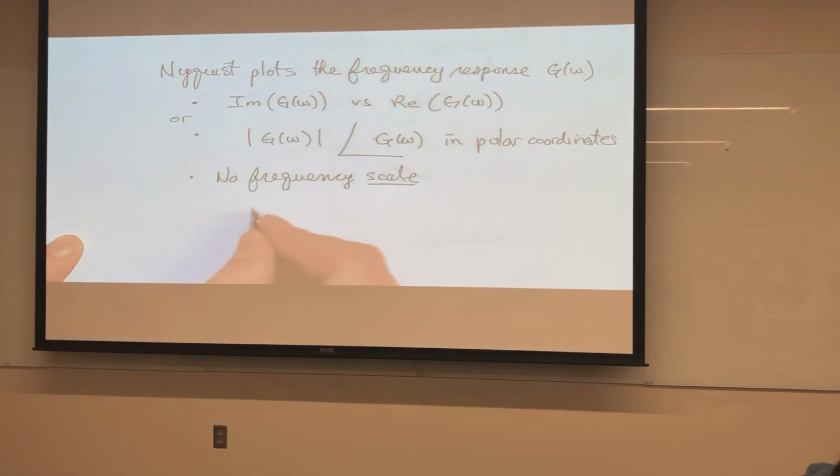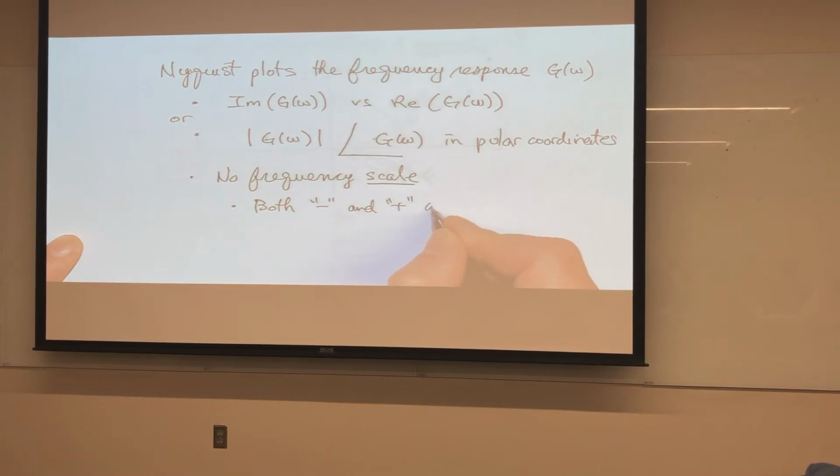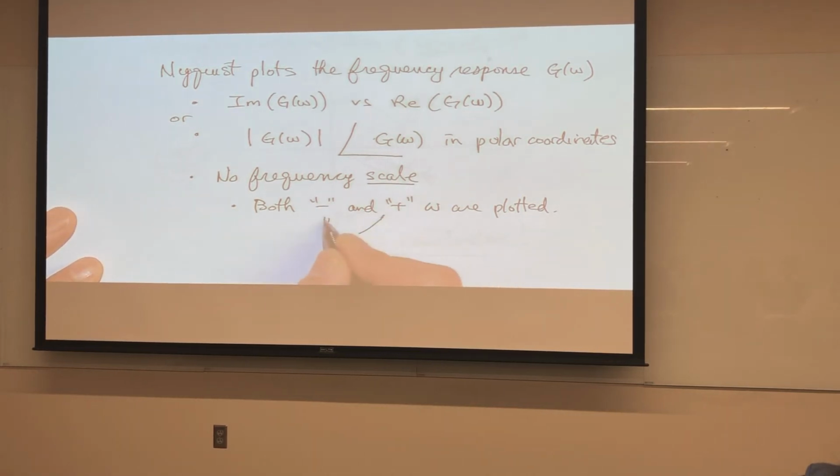The other thing that you should note is that we plot it for both negative and positive omega. Okay. And what you should notice is that these things are symmetrical. So there's really no additional information.